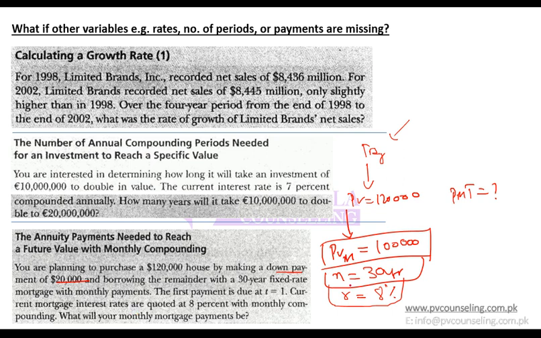So N would be 30 into 12, so there will be a total of 360 payments. And the rate would be 8 divided by 12, which is 0.67%.